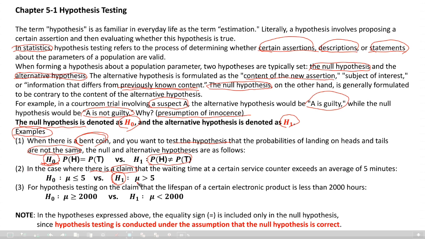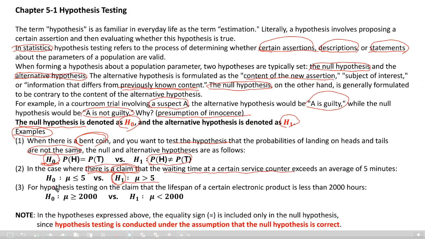What do you want to prove? Not prove, but empirically prove. Mu greater than 5, the waiting time at a certain service counter, because one window is closed. So that kind of claim is natural.